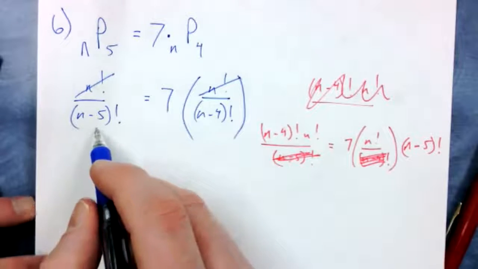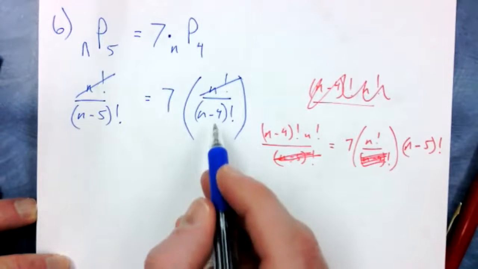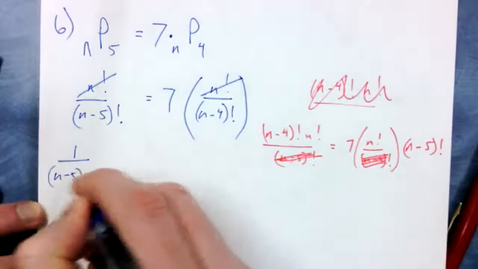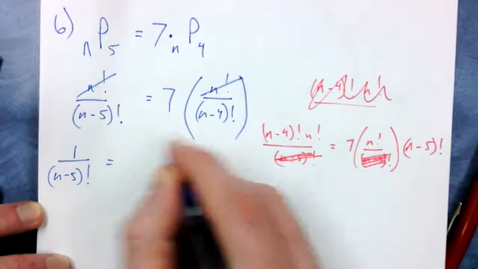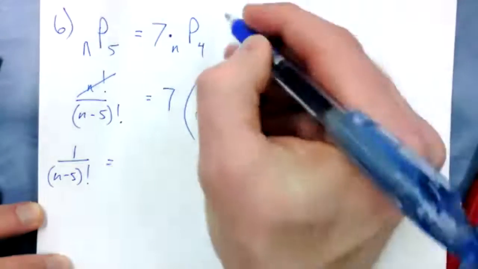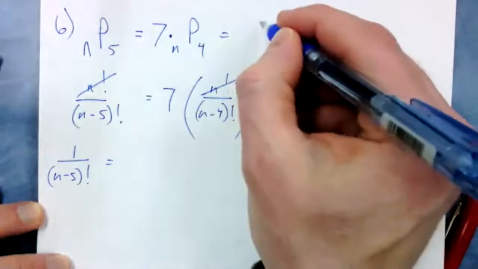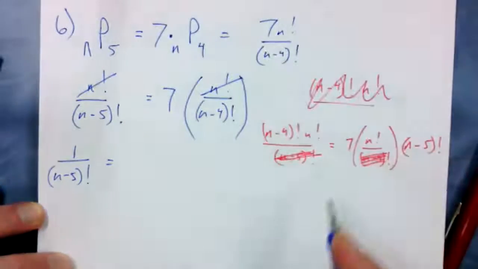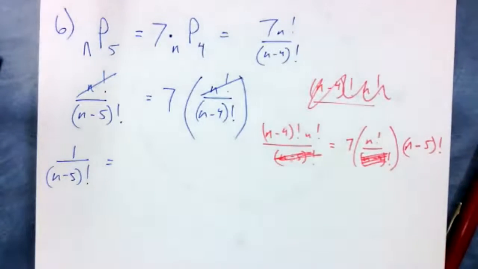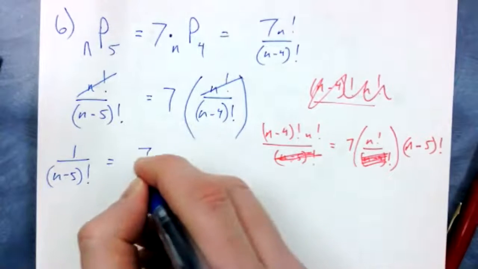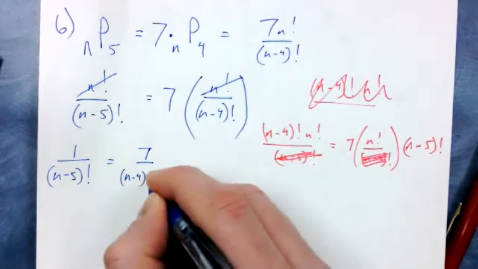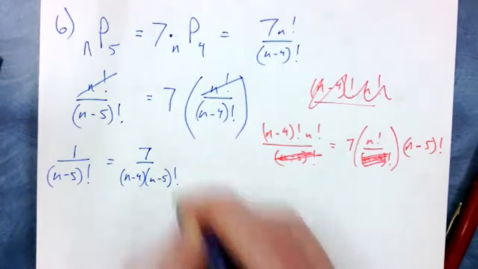So let's flesh this out a little bit. I said this is the one I need to change. So right now we have 1 over n minus 5 factorial equals 7. I could have written this as 7n factorial over n minus 4 factorial, right? Because it's multiplying a fraction. The number multiplies the top. So that's why I'm putting the 7 on top. So it's 7 over n minus 4 times n minus 5 factorial.